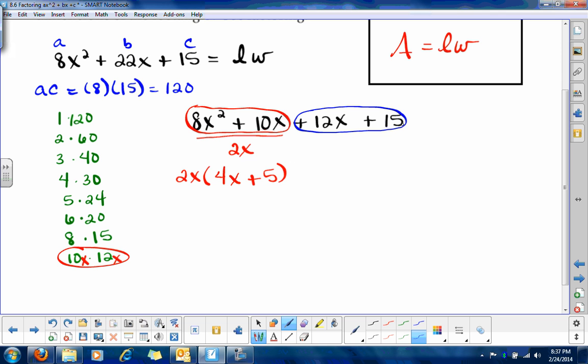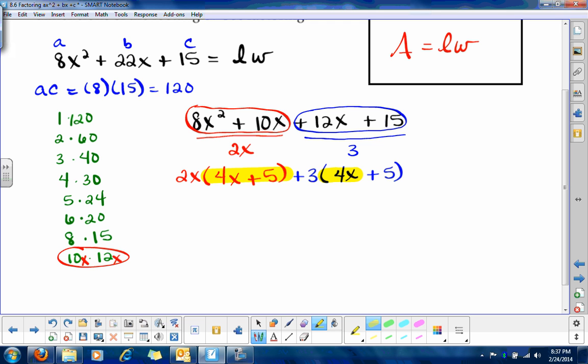And then for the second group, we can factor out 3. So plus 3 goes on the outside, and then we end up with 4x plus 5. Good.